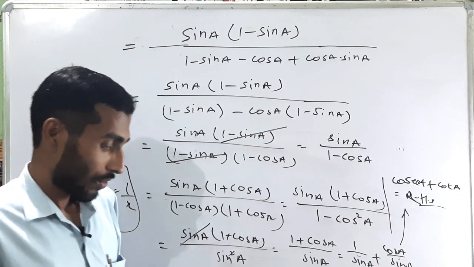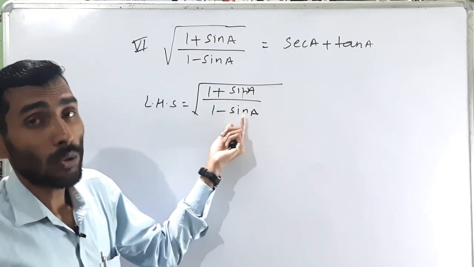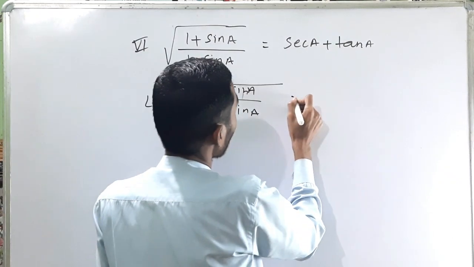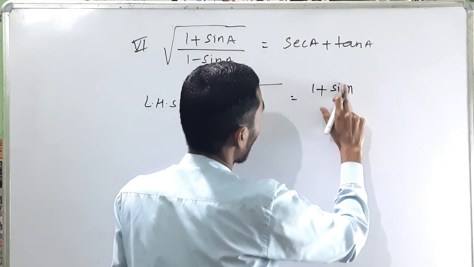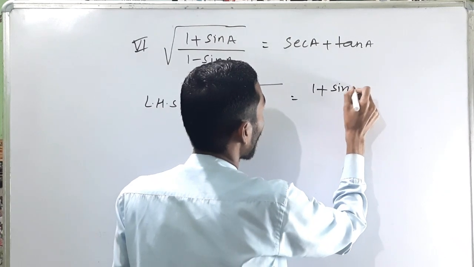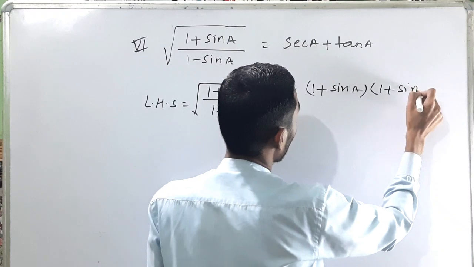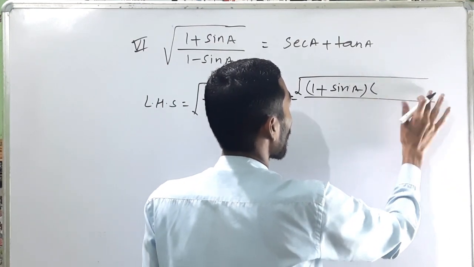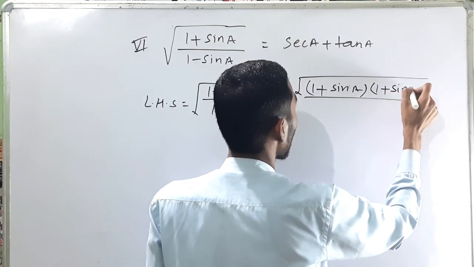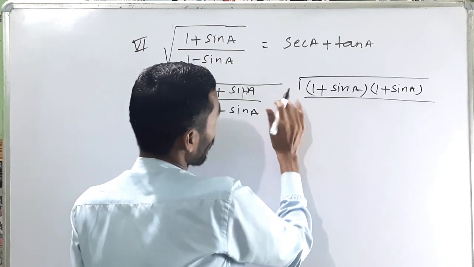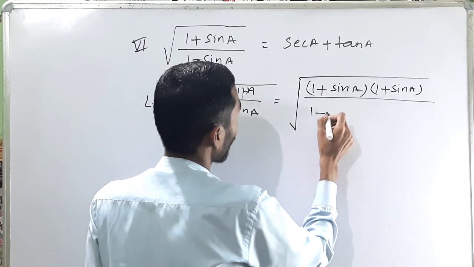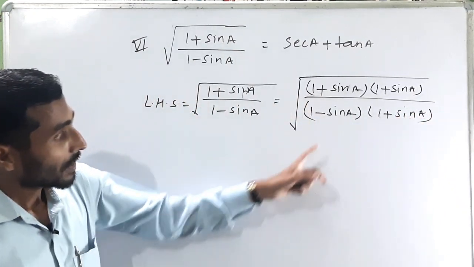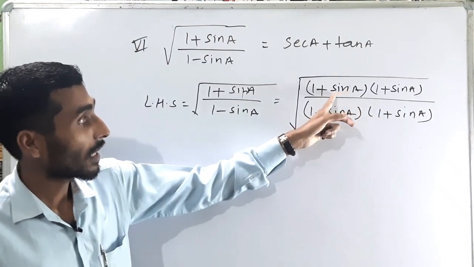So now the next question is, we'll do rationalization of the denominator and we'll multiply both numerator and denominator by 1 plus sin A, and what will happen? 1 plus sin A into 1 plus sin A, and in the denominator you can see here a minus b into a plus b, and in the numerator a plus b into a plus b.